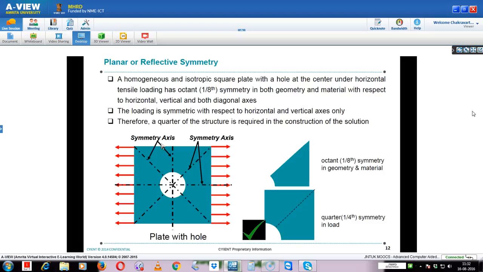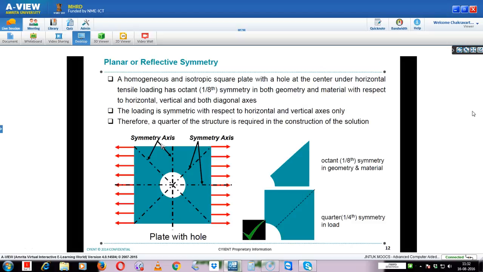But we also have some conditions. It should have symmetry in geometry.